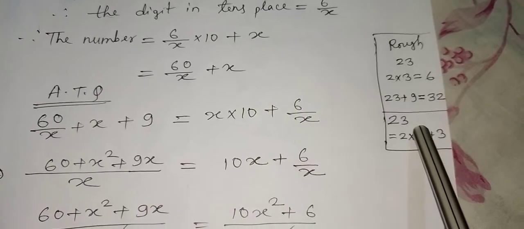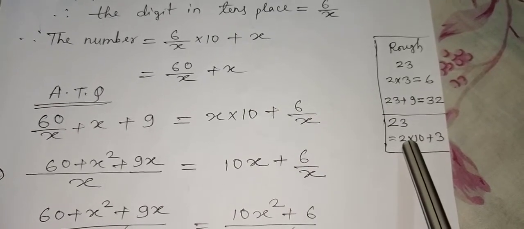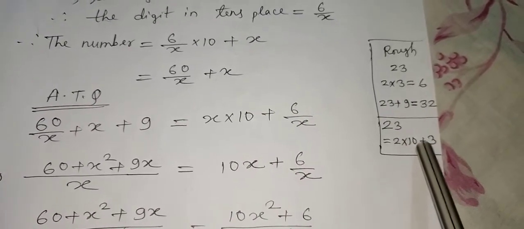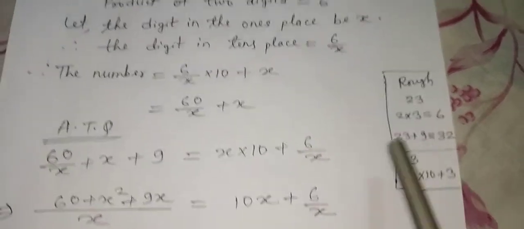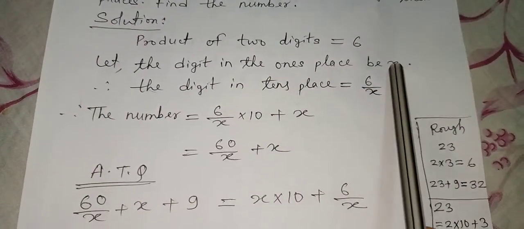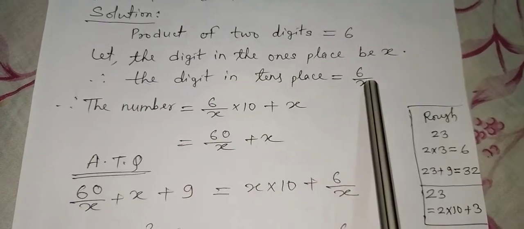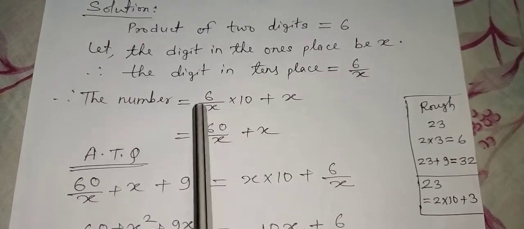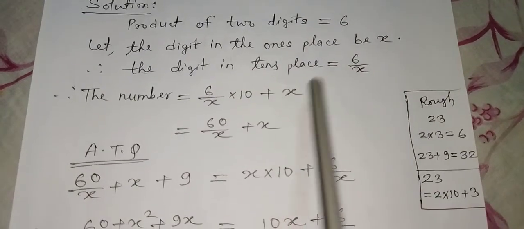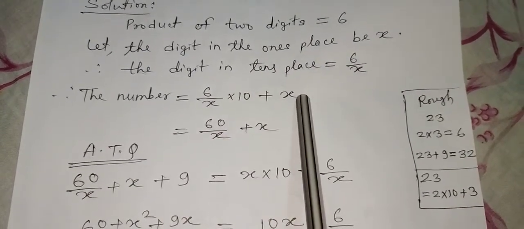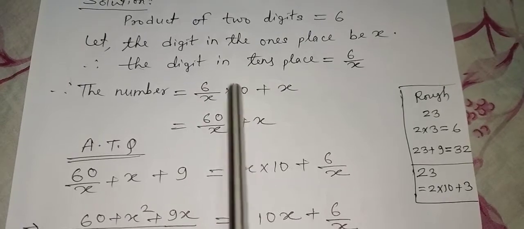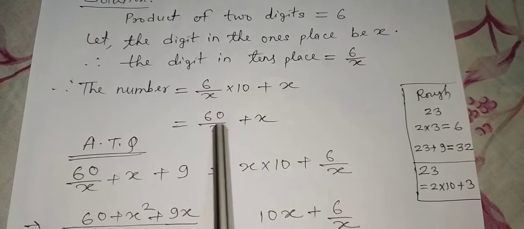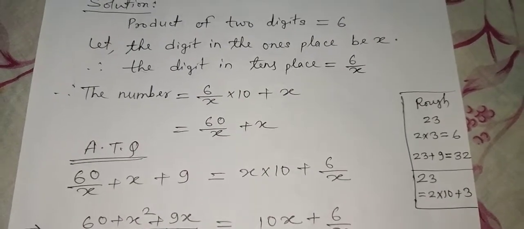That means when the number is unknown, we multiply the tens digit by 10 and add the ones digit. Our ones digit is x, our tens digit is 6 by x. So similarly, you multiply 6 by x by 10 because it is the tens digit, and add the ones digit, that is plus x. So finally, 10 into 6 is 60 by x plus x.